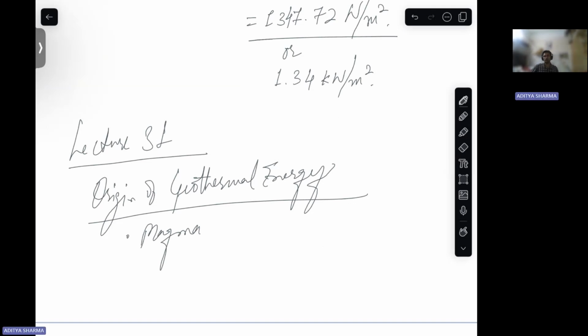So when this molten magma comes in contact with water, this water gets heated and this energy can be used in your power plant. So this is your geothermal energy.